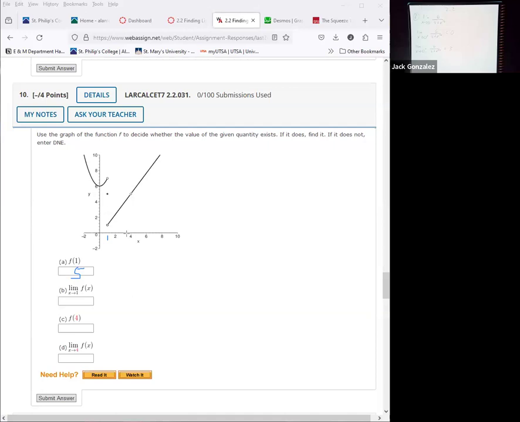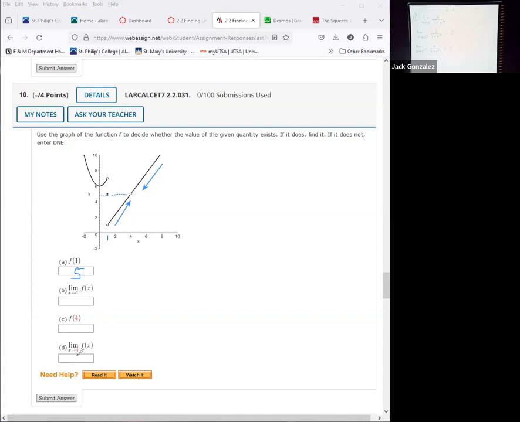For part D, 4 is right there. Approach from the right side and the left side. It's going to the same place, right? What number is that? Right. Y value is about 5. It's undefined, but the limit goes to 5.